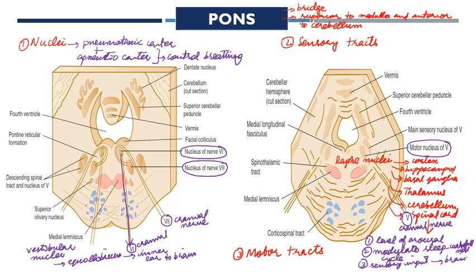Through the pons, as we have mentioned, the brainstem is the relay station between the periphery of the body and the cerebrum. So the sensory tracts and motor tracts pass through the pons. The most important sensory tracts are the spinothalamic tract plus dorsal column tracts.